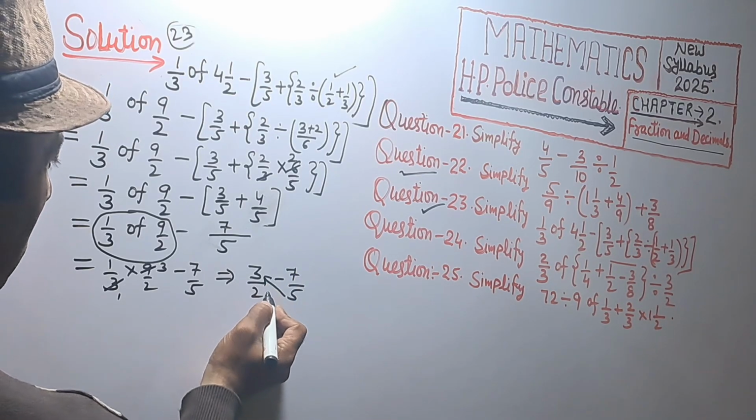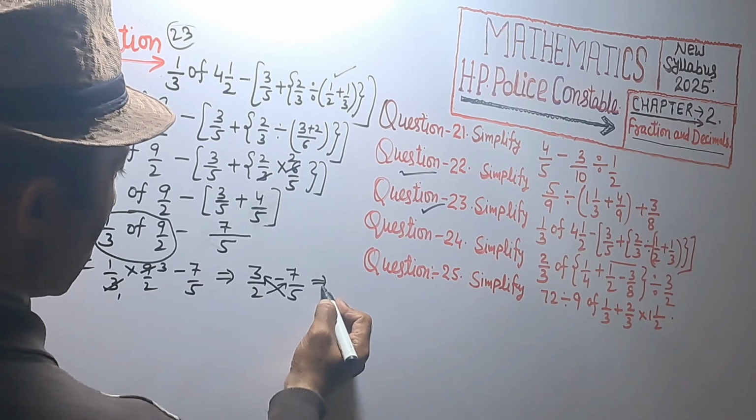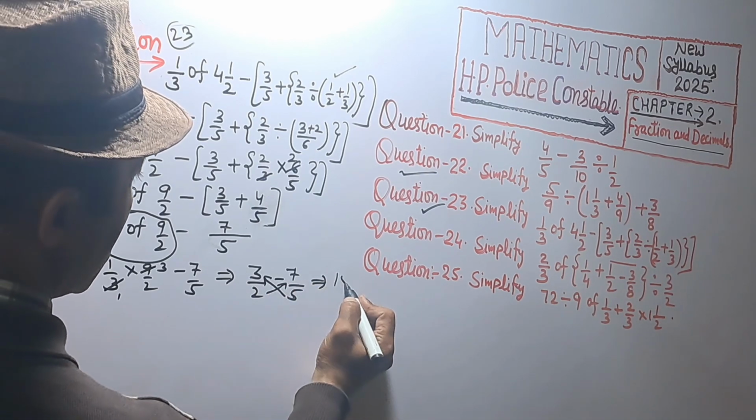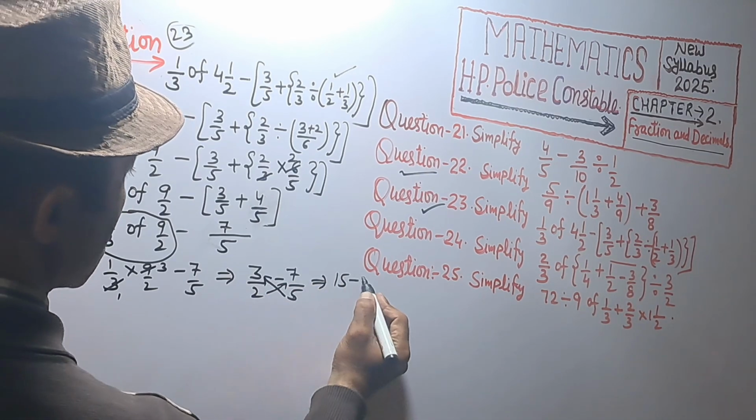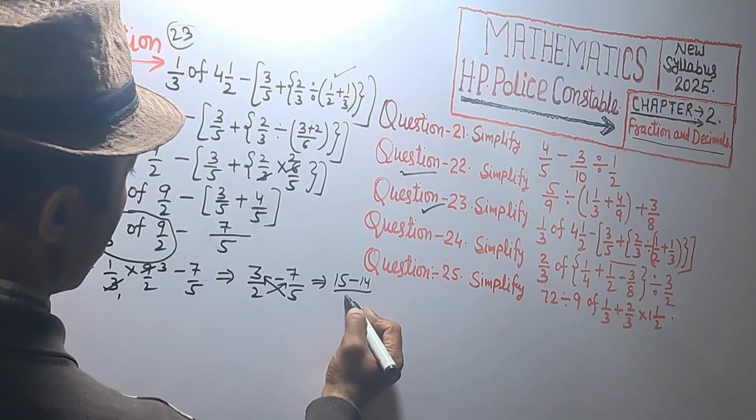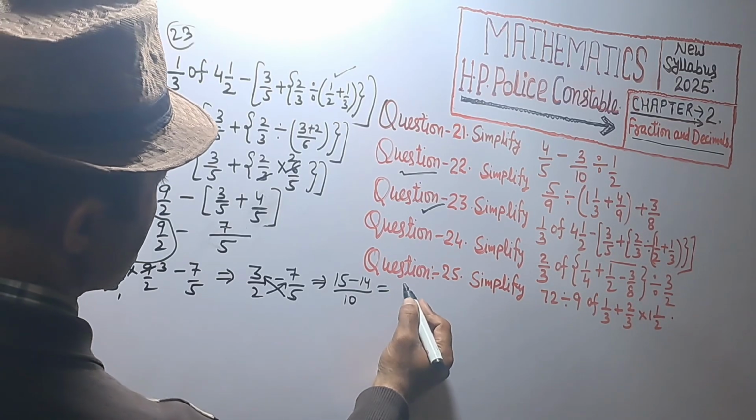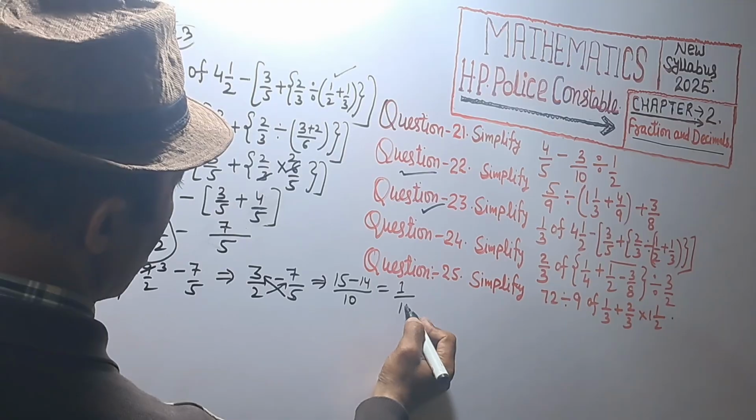Cross multiplying, LCM will be 10: 5 3s are 15 minus 7 2s are 14, divided by 10. 15 minus 14 equals 1/10.